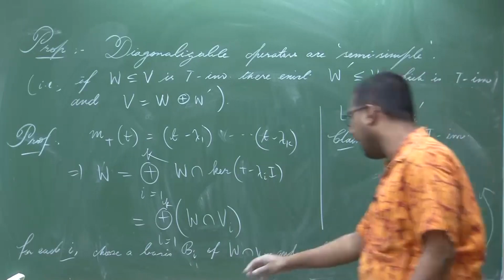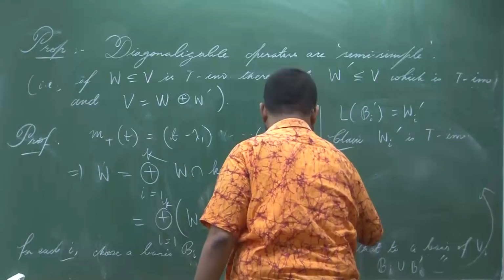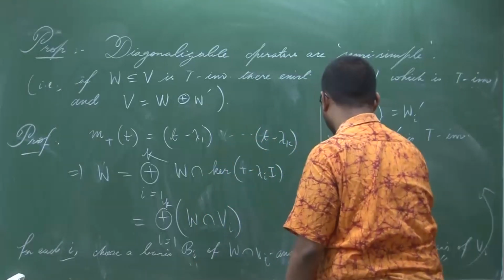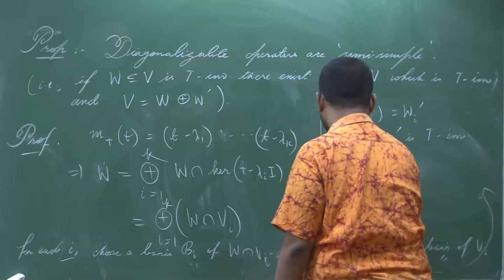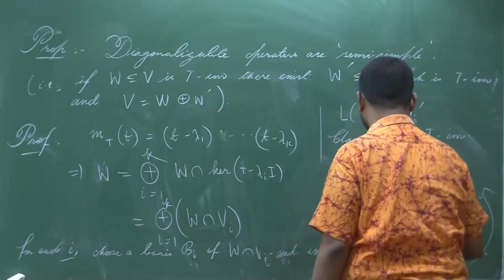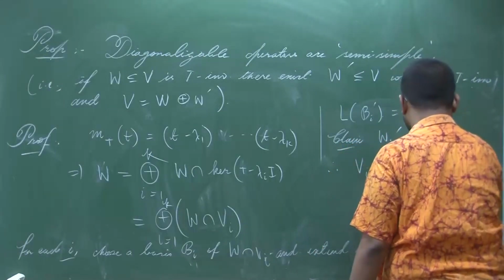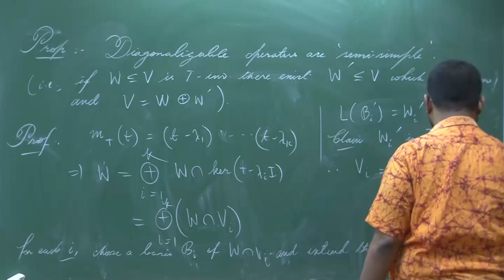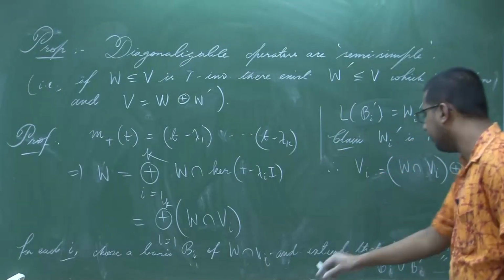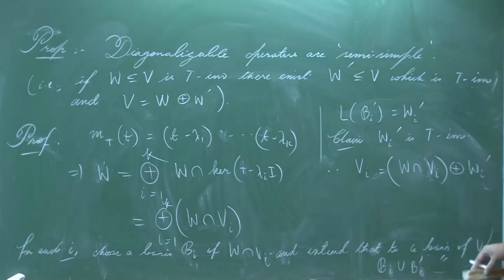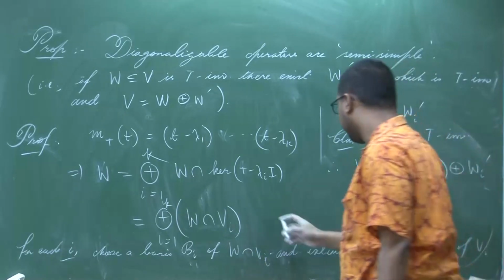Therefore, we have that each Vi can be written as the direct sum of W intersection Vi and Wi prime.